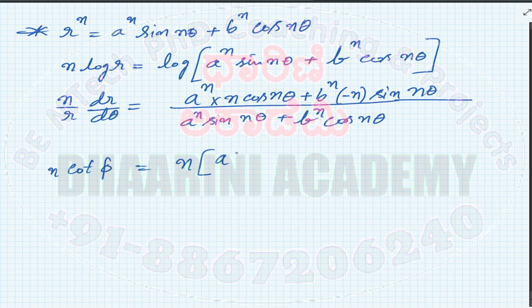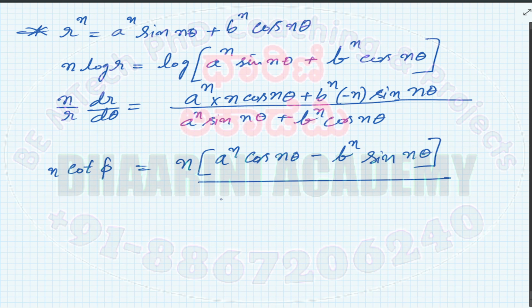So this is a to the n cos n theta minus b to the n sine n theta whole divided by a to the n sine n theta plus b to the n cos n theta.